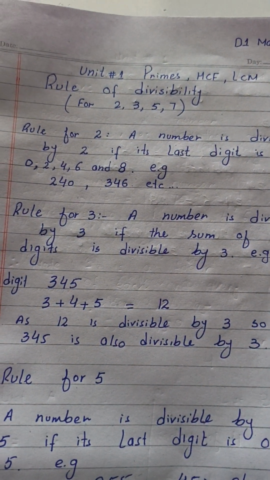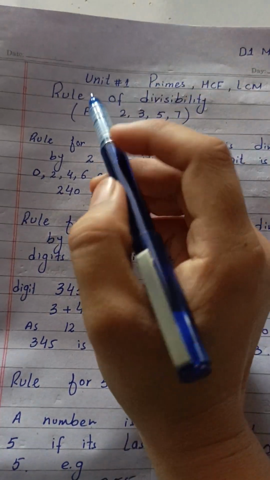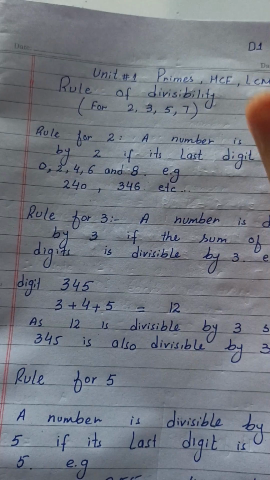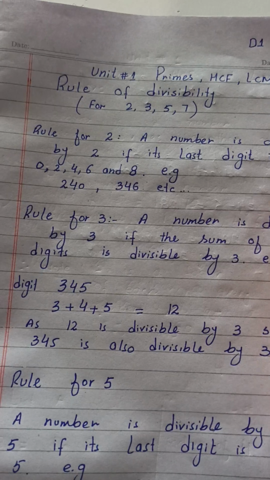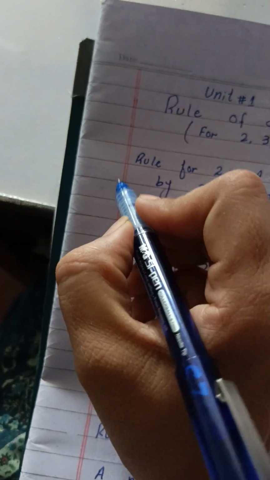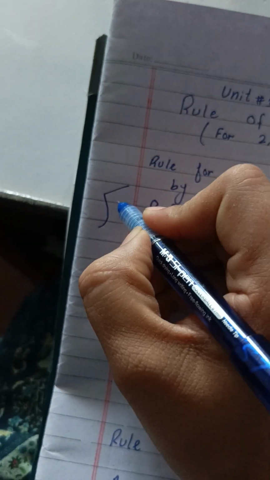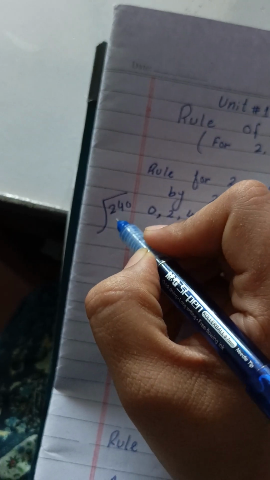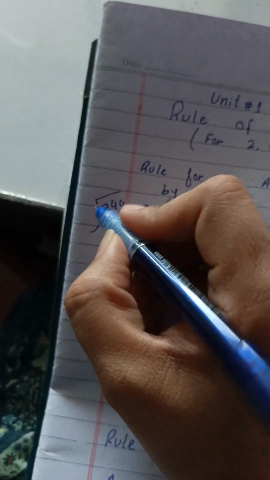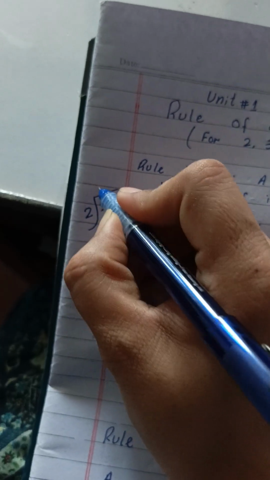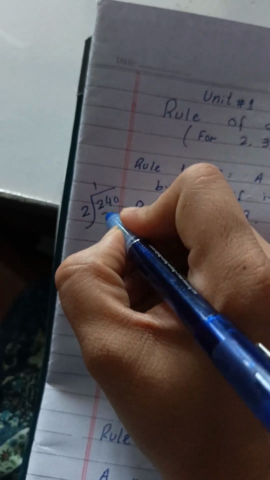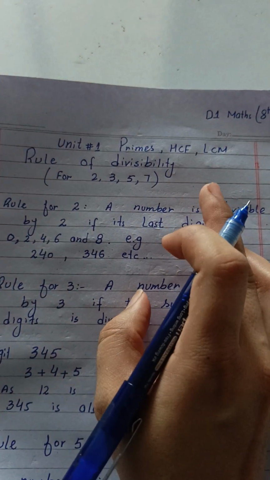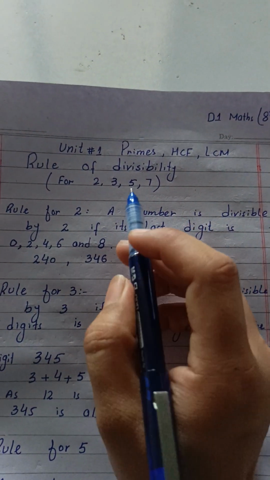First of all, I will talk about rule of divisibility for 2. How can I tell that the given number is divisible by 2 or not? Instead of going the long division like this, for example, you have a number 240 and you have to check whether it is divisible by 2 or not, you have to go through a long division. So instead of doing this method, you have short rules for divisibility.